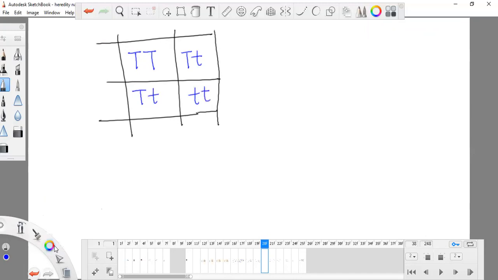Now tell me one thing. How does it look? It will be pure tall. This is impure tall. This is again impure tall. And this is pure dwarf.